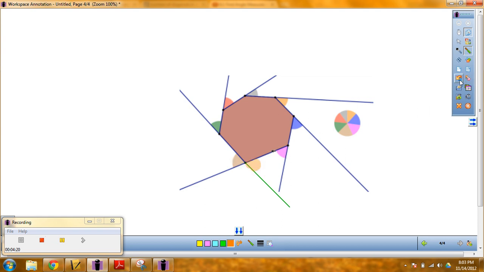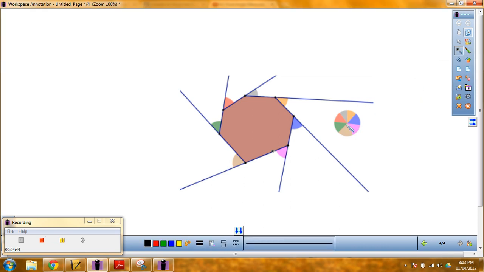So it really doesn't matter which exterior angle. Yes, there is more than one exterior angle, but the measure is going to be the same because our vertical angles are congruent. So as you can see, there are different colors for the exterior angles, and they're being represented over here in the exact same angle measures.